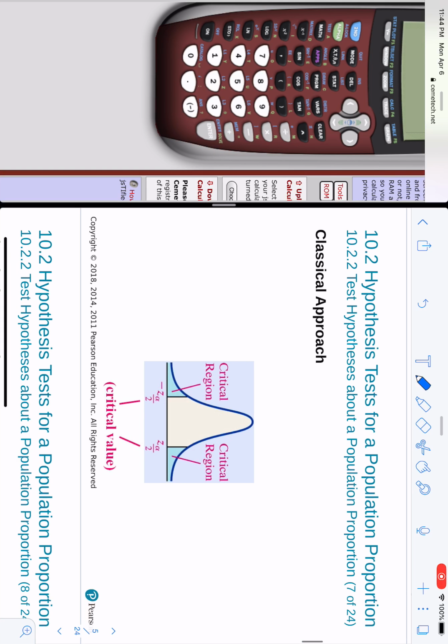So here is a case where we have a two-tailed test. If we have a two-tailed test, we would have two critical values, one on the right tail and one on the left tail.